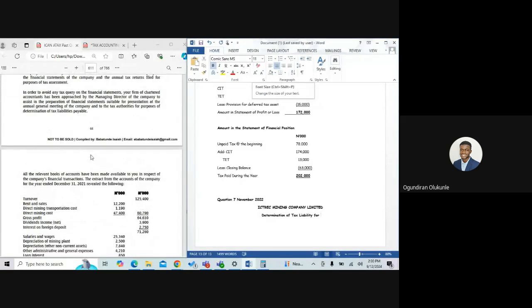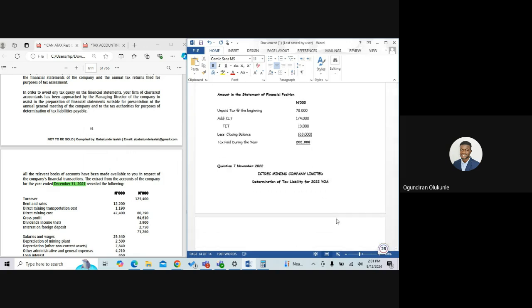So what's the year of assessment, everybody? We're given our statement to 31st December 2021, so the year of assessment will be 2022.